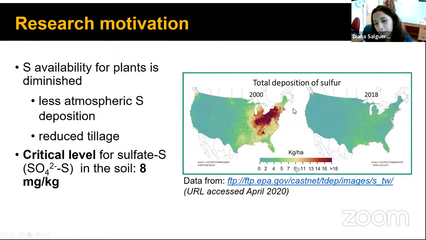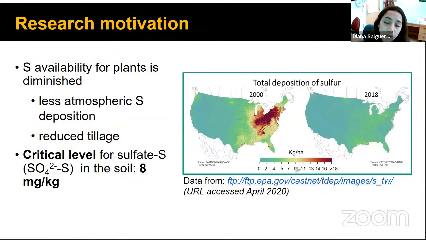In this map, we are comparing 2018, where the atmospheric deposition of sulfur is much less, to 2000. For the state of Indiana, the atmospheric sulfur deposition in 2000 averaged 20 kilograms of sulfur per hectare for that year, compared to 2018, where that deposition dropped down to 6 kilograms of sulfur per hectare.